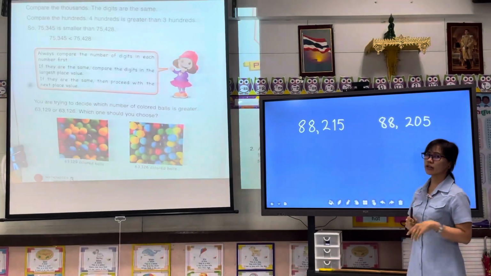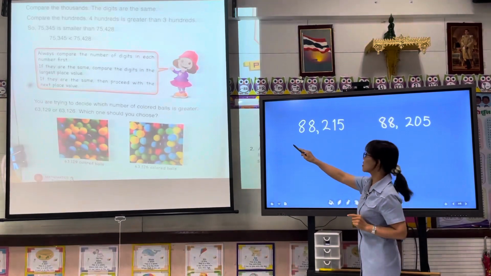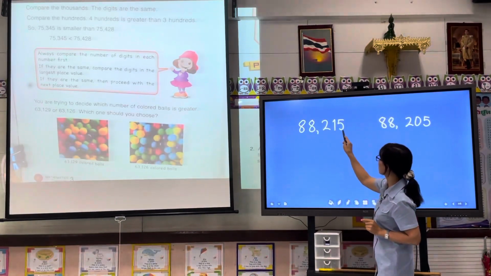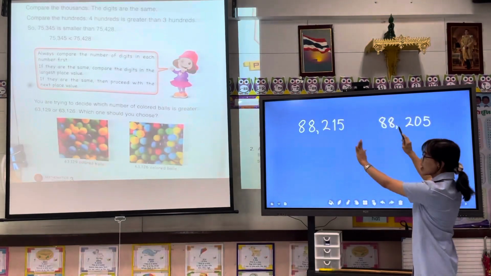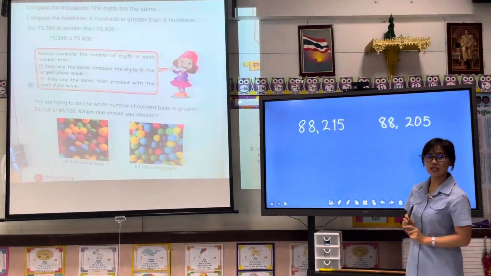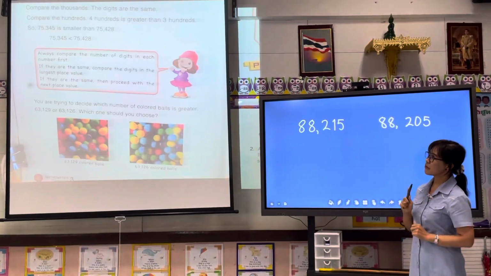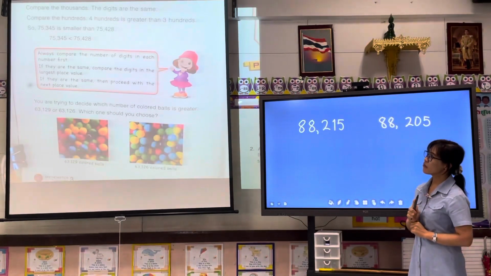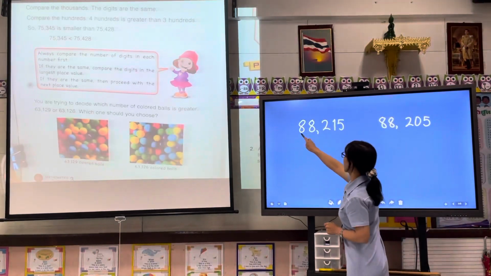Which number is smaller? Our tip, count the number of digits. 1, 2, 3, 4, 5. 1, 2, 3, 4, 5. 5 digits and 5 digits. Second tip. If they are the same, look at the 10,000s.